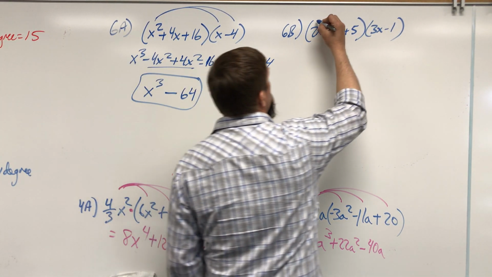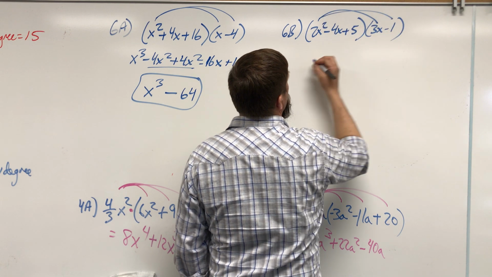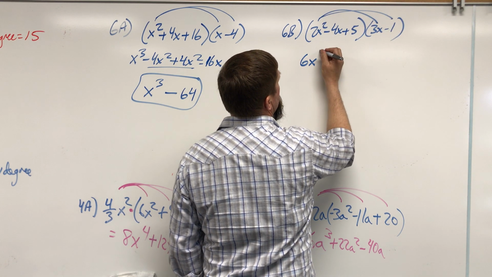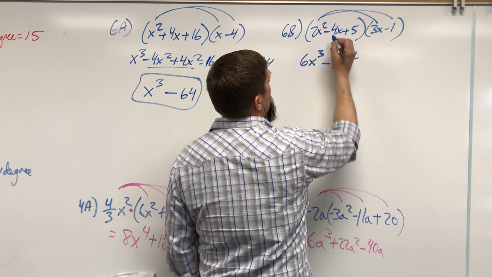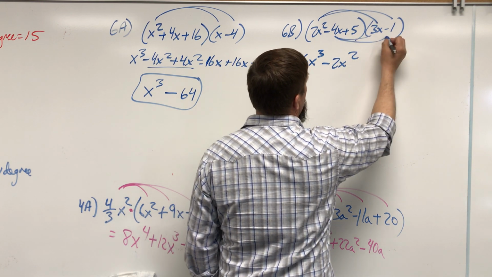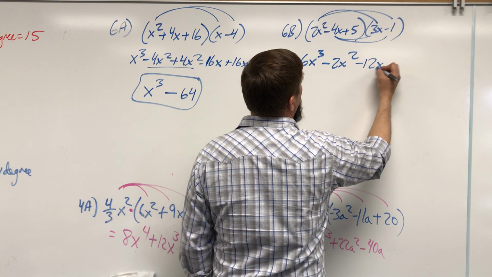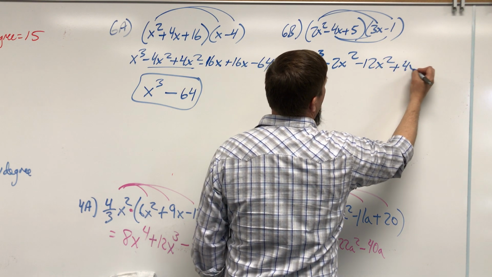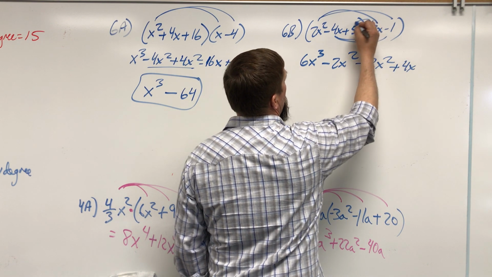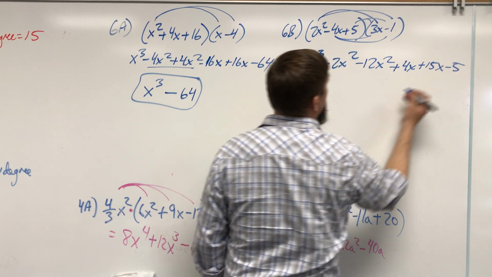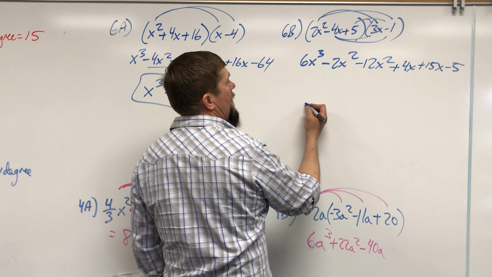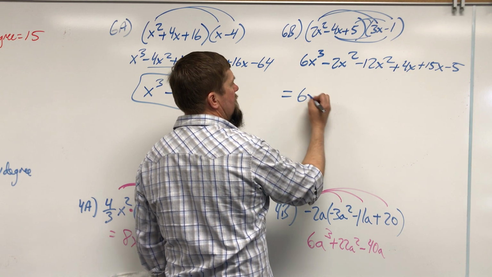All right. I'm going to distribute this one. I end up with 6x to the third minus 2x squared. Multiply this one. I end up with negative 12x squared plus 4x. And then I'm going to multiply the 5 times these, which is plus 15x minus 5. When I add these together, I end up with 6x cubed.